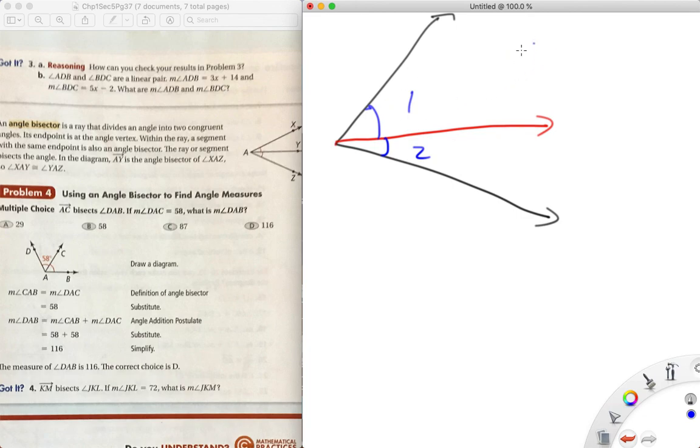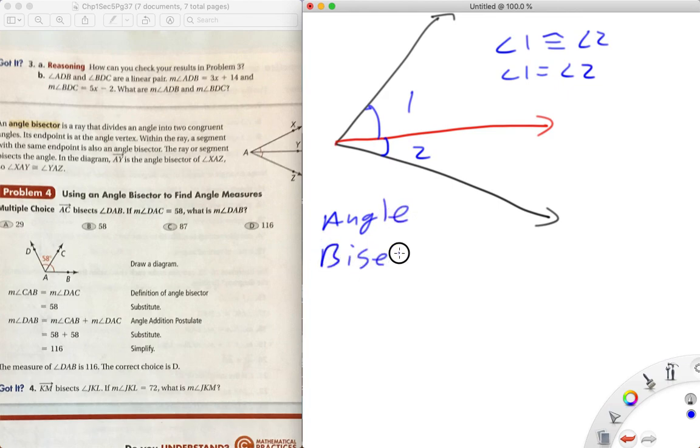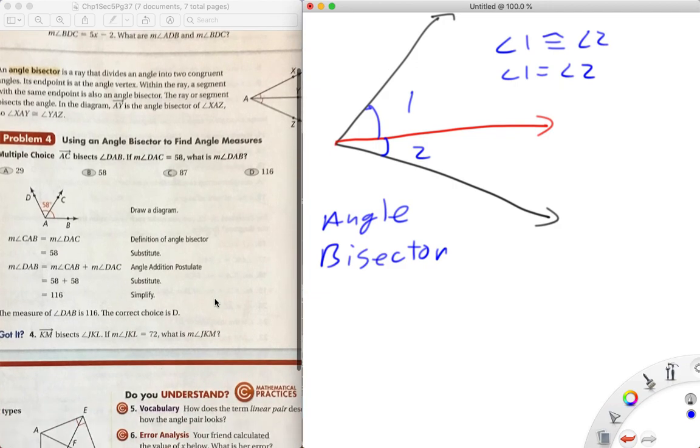Since I know it cuts it in half, I can say that angle 1 is congruent to angle 2, or I can say that angle 1 is equal to angle 2. Okay? As this is an angle bisector. This ray is cutting this bigger angle, the black angle, completely in half, where the two small angles will always be congruent to each other or equal to each other. Okay.